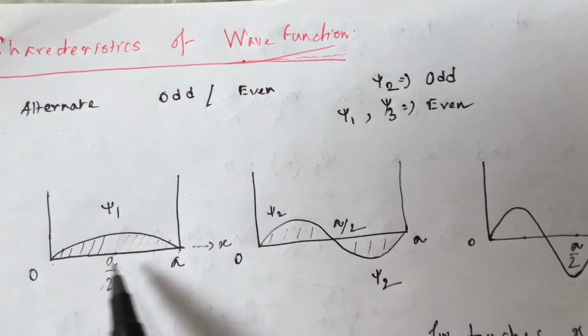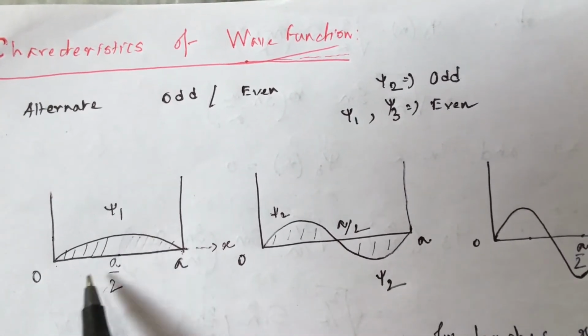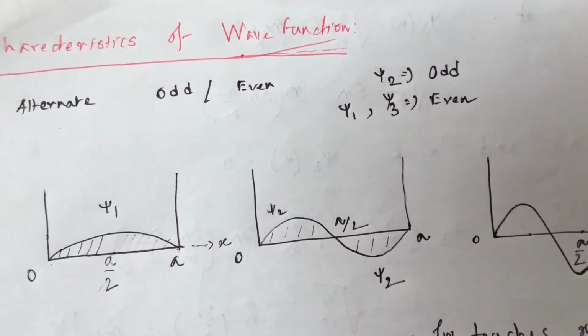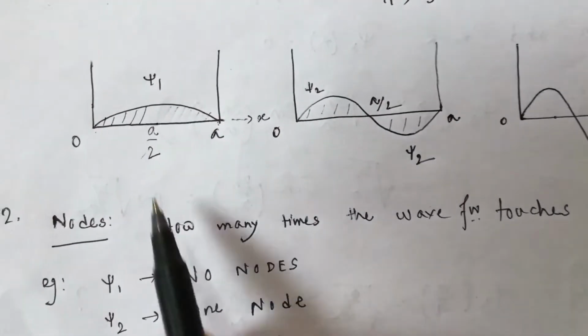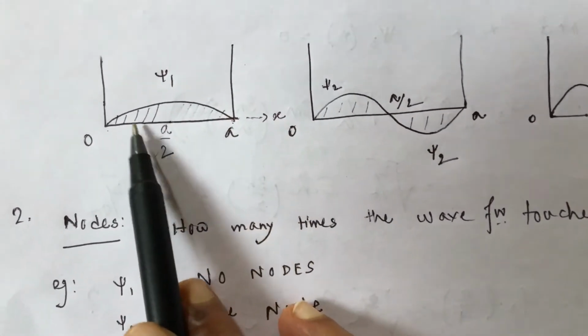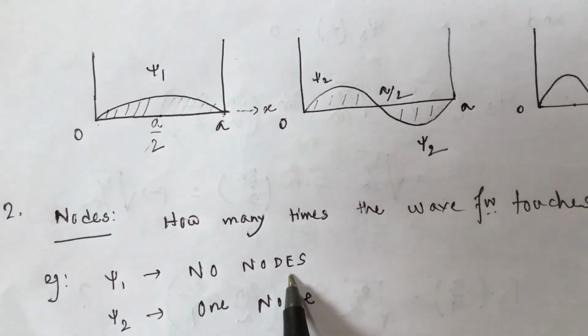I will count, in between 0 to a, how many times this wave function touches this line of length a. So if I look into psi1, between 0 to a, psi1 does not touch the x-axis at all. So psi1 has no nodes.